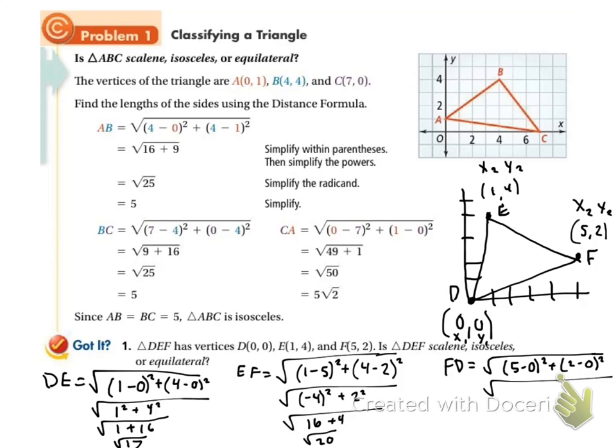So that's the square root of 5 squared plus 2 squared, which is square root of 25 plus 4, which is square root of 29. Those are all different. Square root of 17, square root of 20, square root of 29. This is a scalene triangle. All the sides are different.